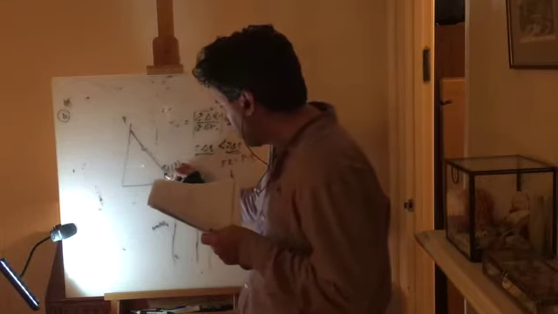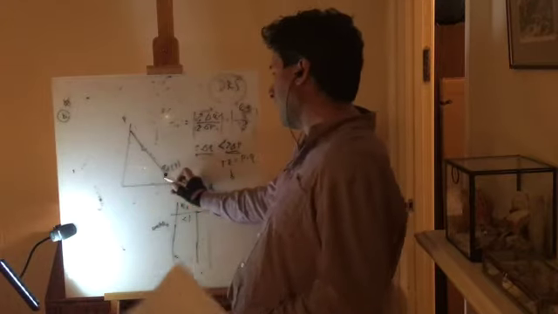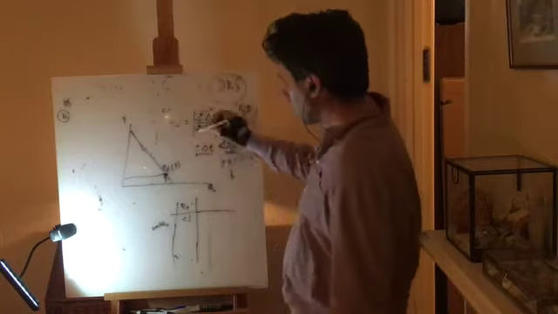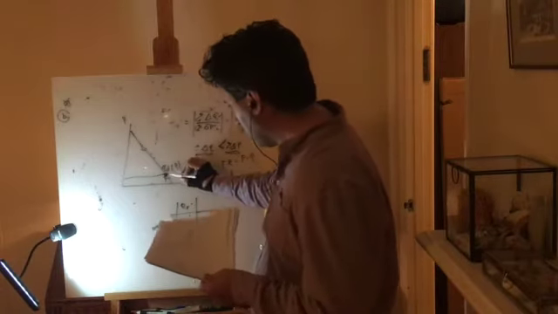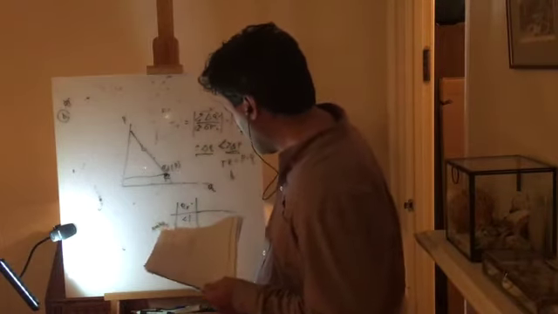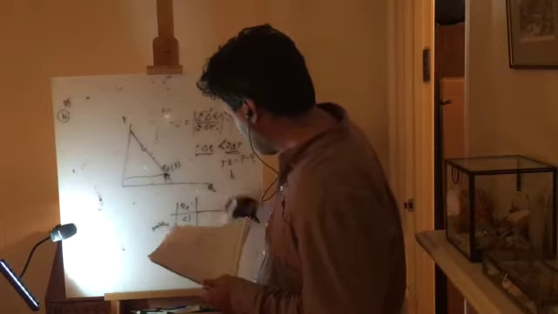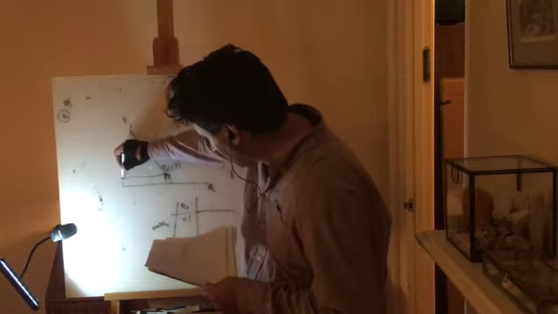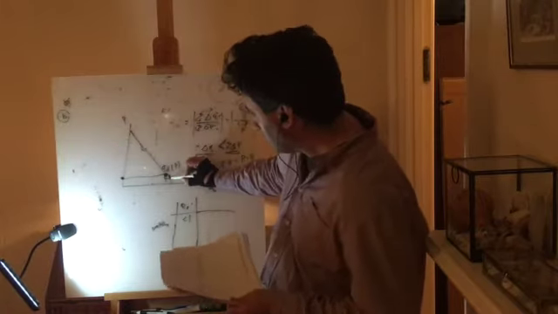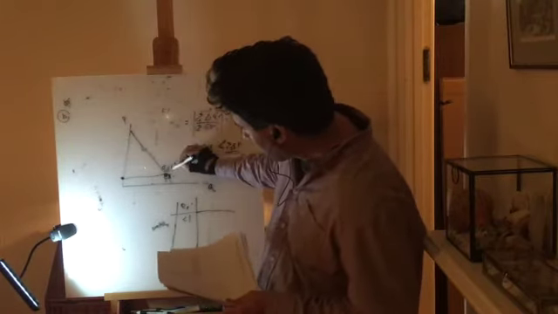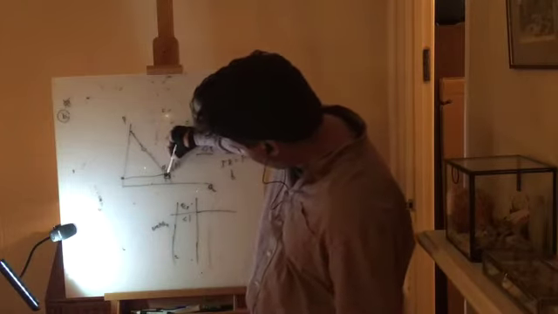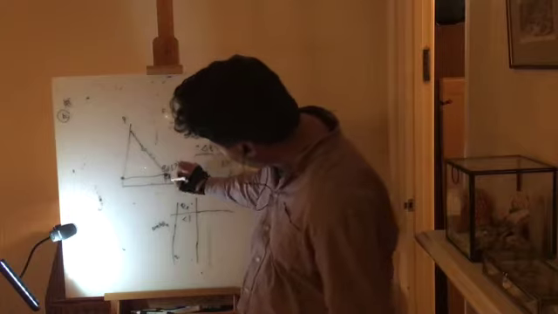Okay, so if I'm at a point like this, where in fact it's inelastic, and I want to sell 1 more unit of output, price is already rather low, and quantity is rather high.